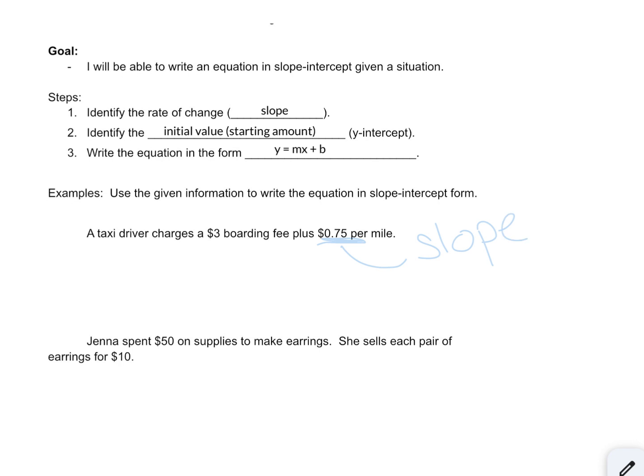That means that this $3 here, the boarding fee, is my initial amount, or my starting value, my y-intercept. So the equation for this particular situation would be y equals 0.75x plus 3.